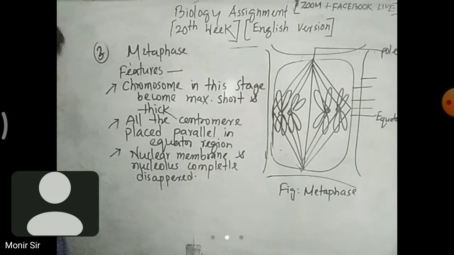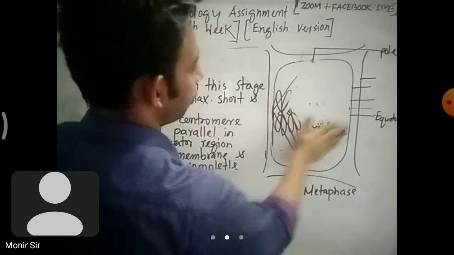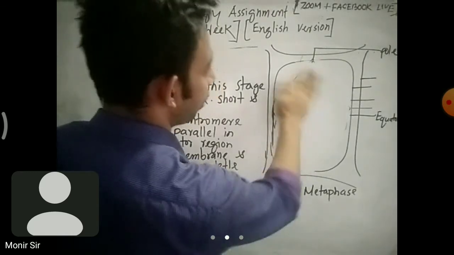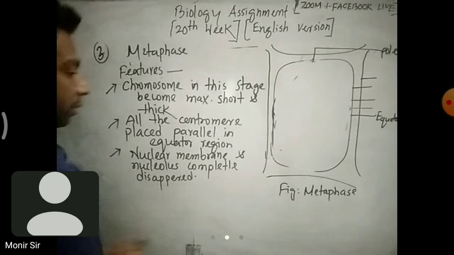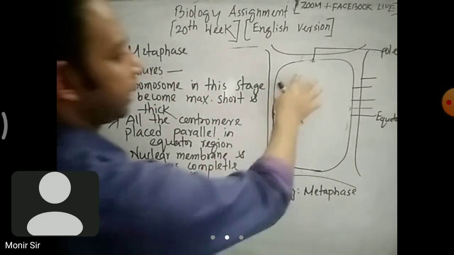In the case of the next one, that is the anaphase, I will draw the figure accordingly. I erased, but inside the one figure I try to draw all the figures. You better draw each and every single figure there.